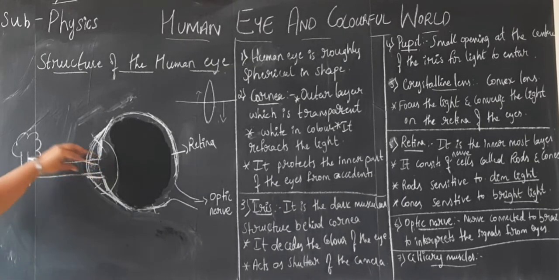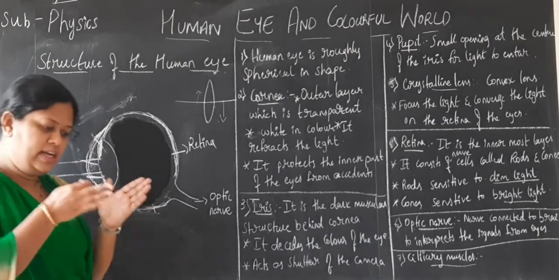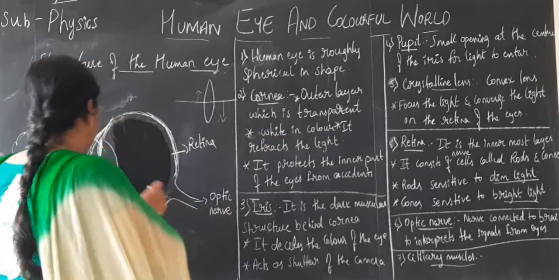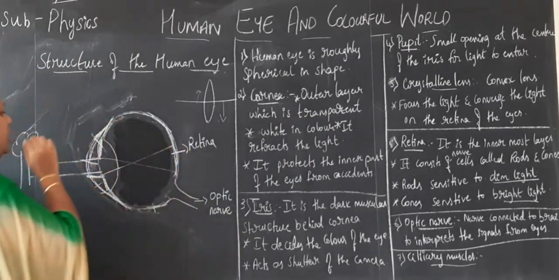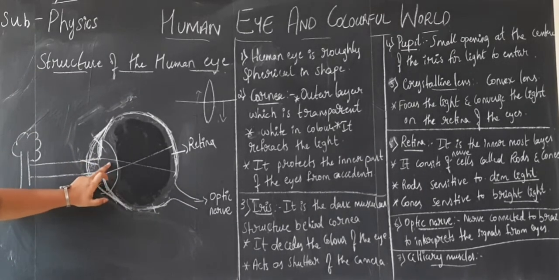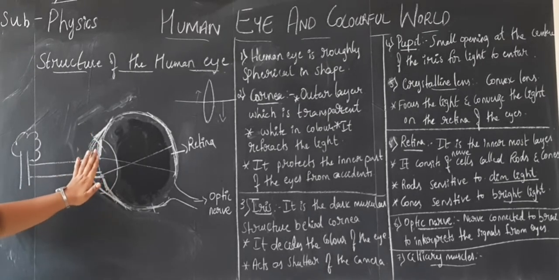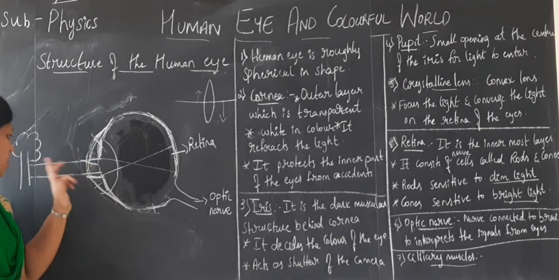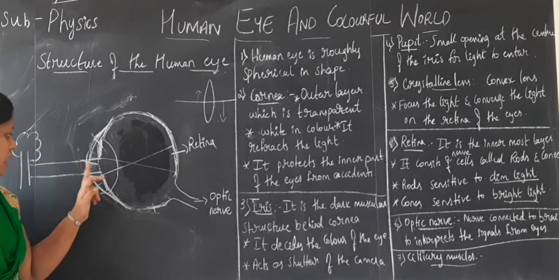The rays of light which are refracted and entering towards the lens, children, the lens works to converge all the light and make it fall on the retina of the eyes. Please understand. Refraction is taking place as soon as light enters from any object onto the cornea, iris, aqueous humor.